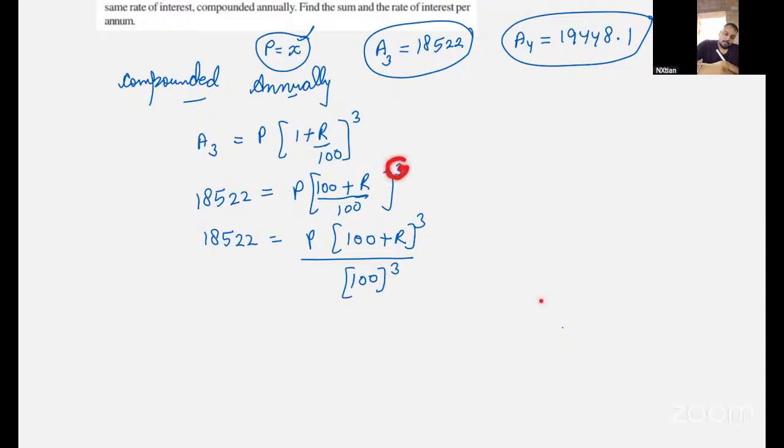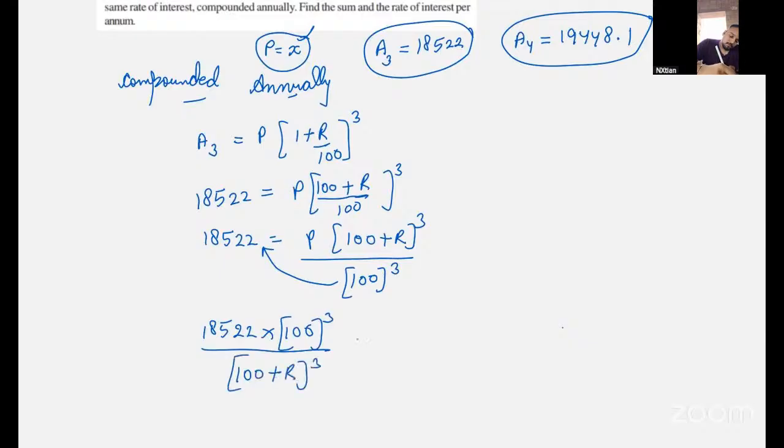I make this power 3 and this power 3. Did you understand? For more simplification, can I send this to that side? It will become 18522 into 100 power 3 upon (100 plus r) power 3 is equal to P.